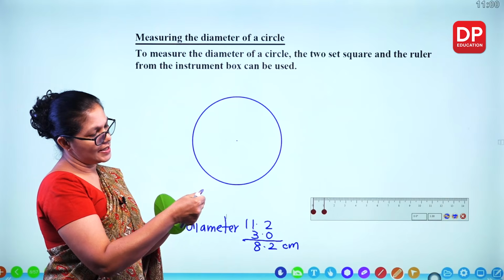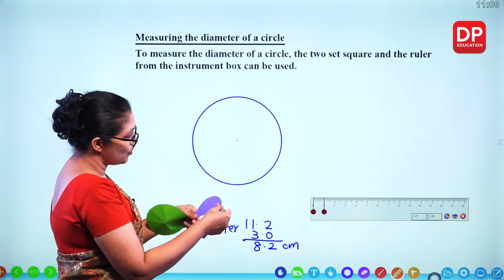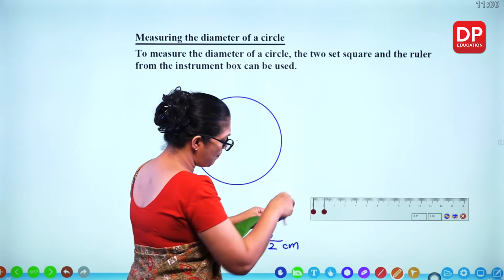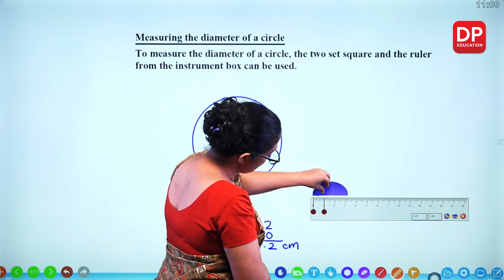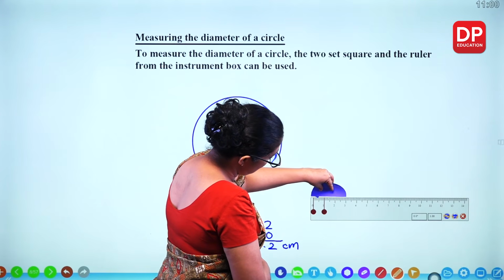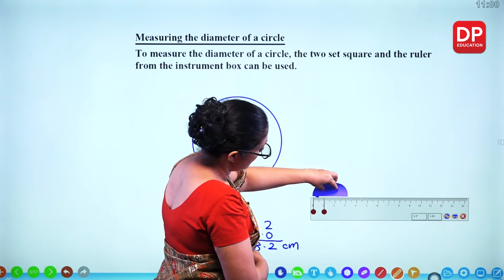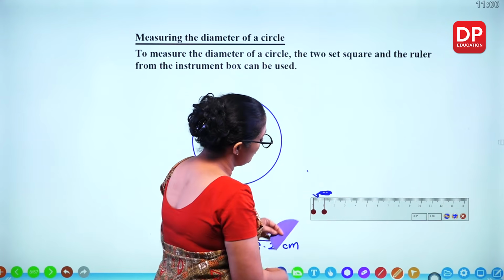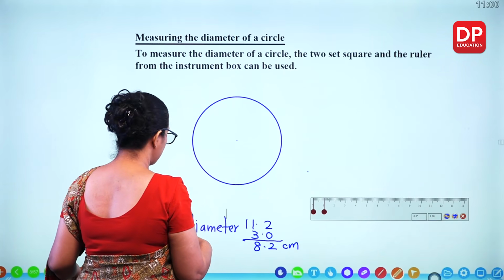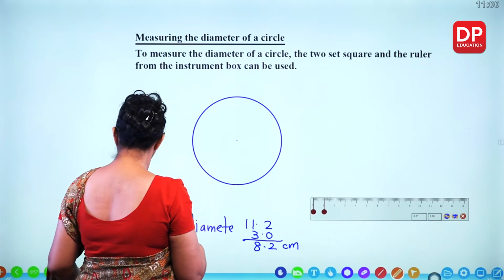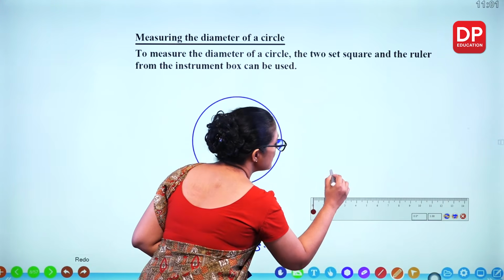Now this is the diameter. You keep this on top of the ruler, like this. So this is roughly 3.3. So the value is 3.3 centimeters.